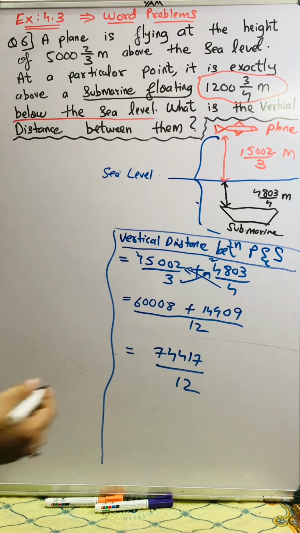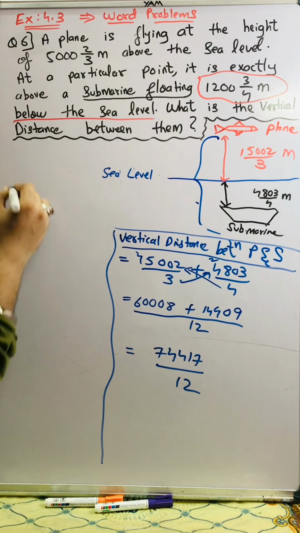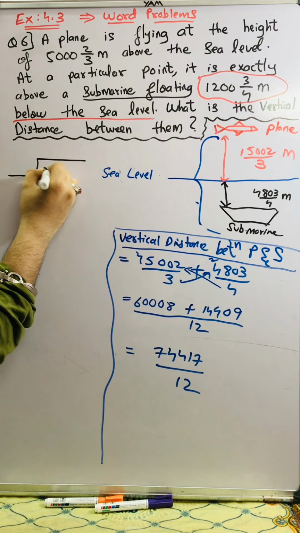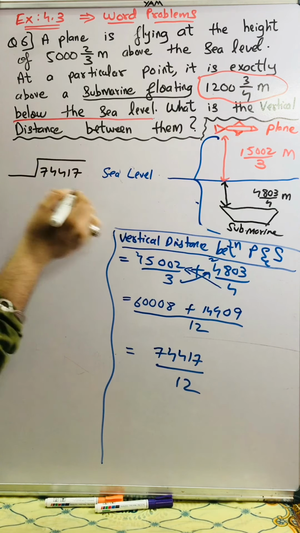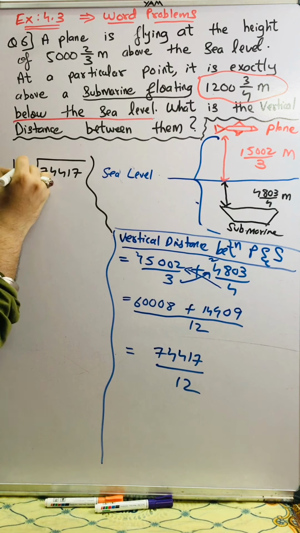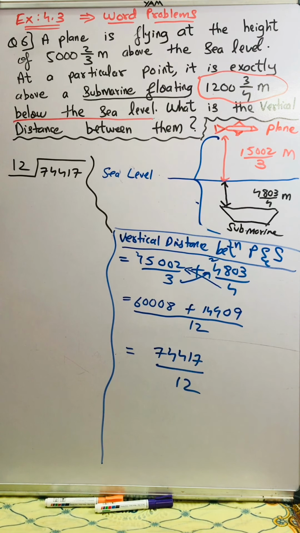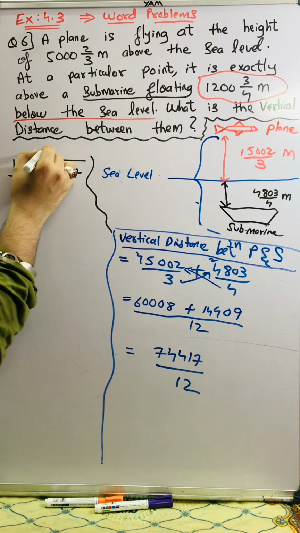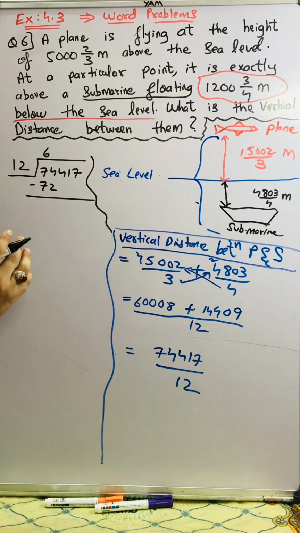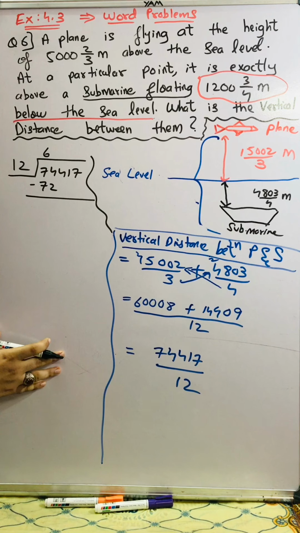Okay students, now I am dividing this 74417 by 12. I am showing you all the division also. 74417 divided by 12. Now 12 sixes are 72. Please pay attention here. Of course, what I am doing is called rough work.